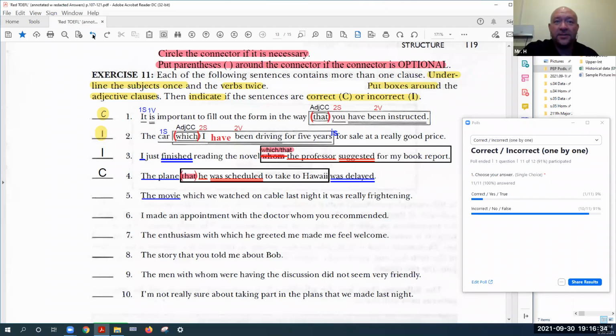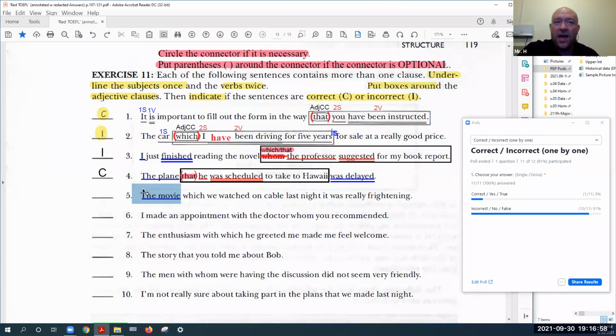Good. Yes. The adjective clauses. Now when we have a subject, the movie, we want to find a verb that matches. Can you find a verb that matches? Watch it? Watched? We watched.